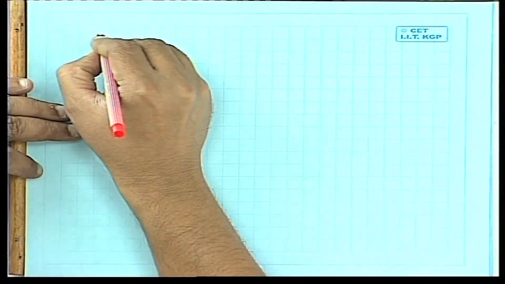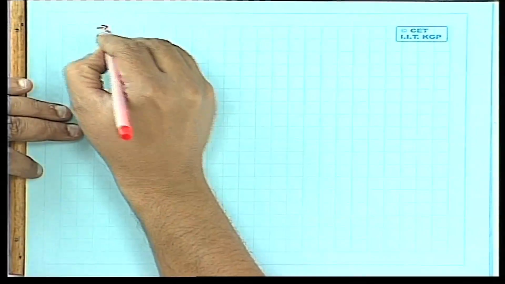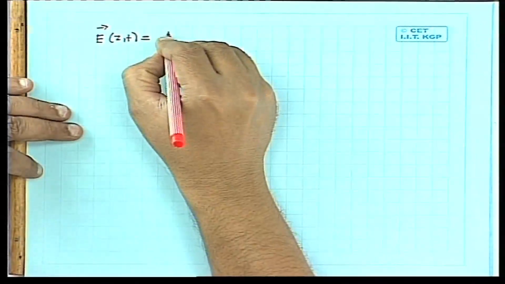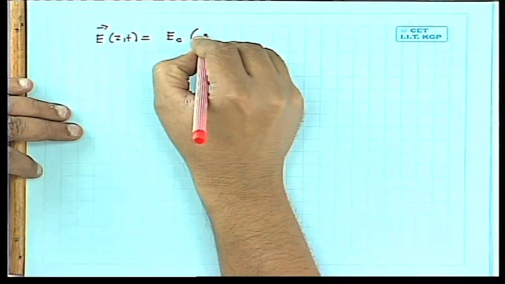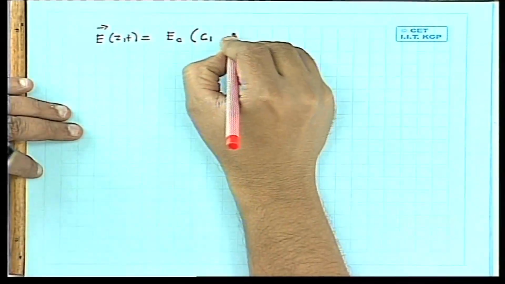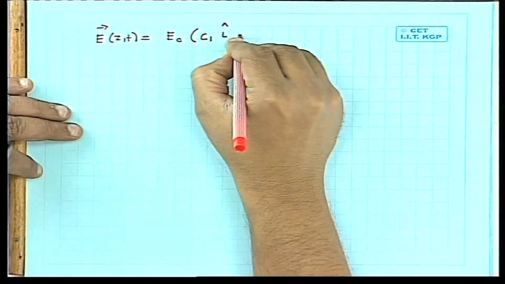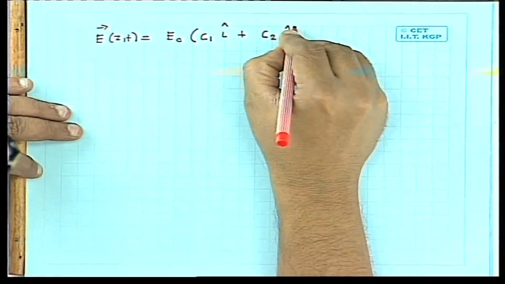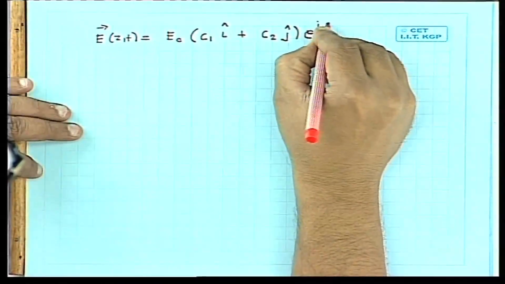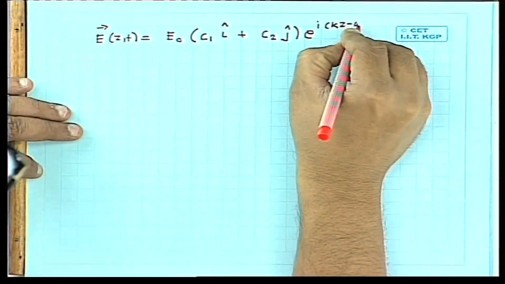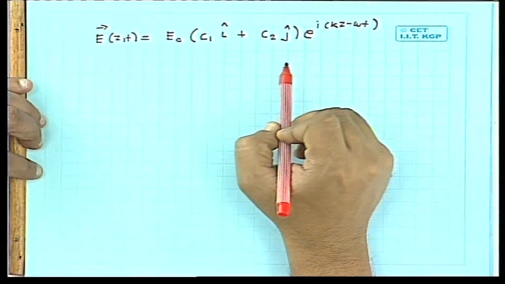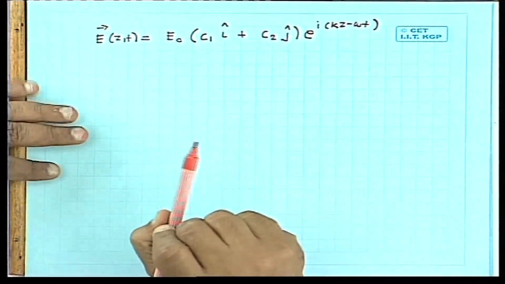So if I take E, which is a function of z and t, it is equal to some E naught (C1 i plus C2 j) into e to the power i(kz minus omega t). Please remember that this e to the power i(kz minus omega t) appears throughout. I have not shown it explicitly.